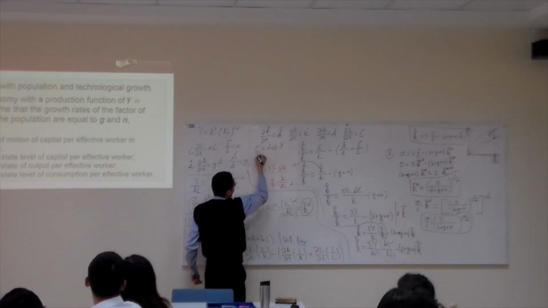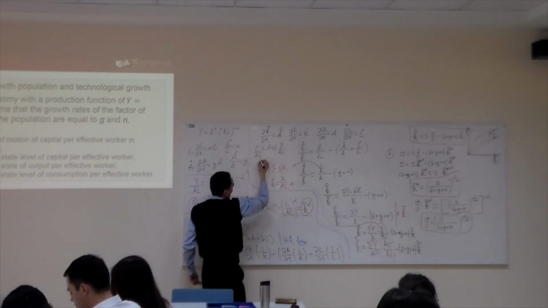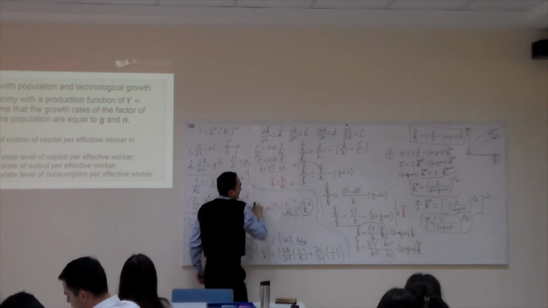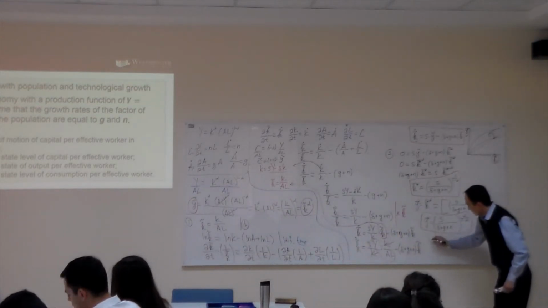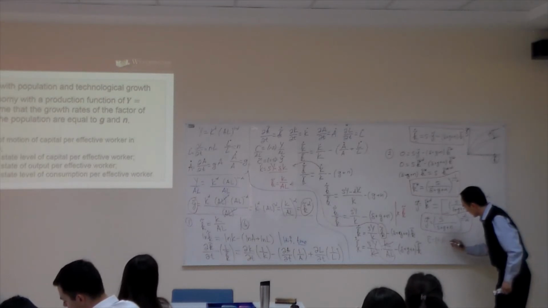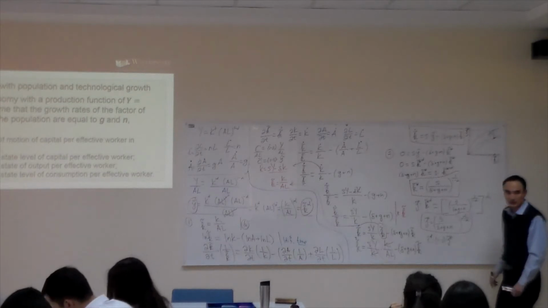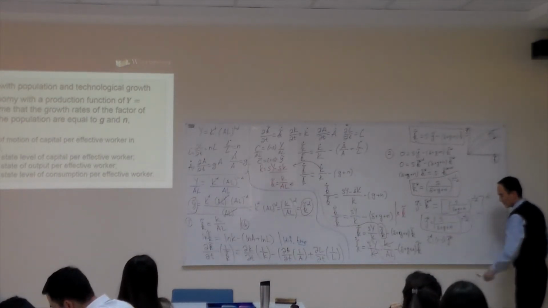If you divide both sides by effective labor, you get consumption per effective labor equal to 1 minus saving rate times output per effective labor, in steady state level, which is already found, okay?